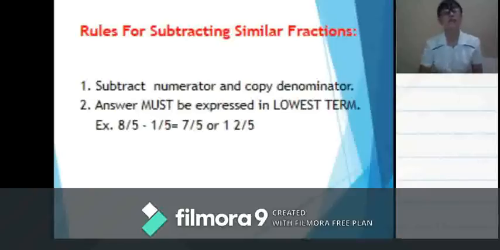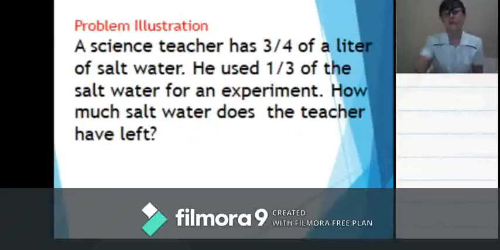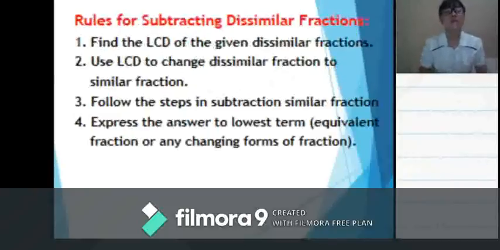But then we have also to consider the rules for subtracting dissimilar fractions. Okay? For subtracting dissimilar fractions, we have to find the LCD of the given fractions, as what we did in addition.